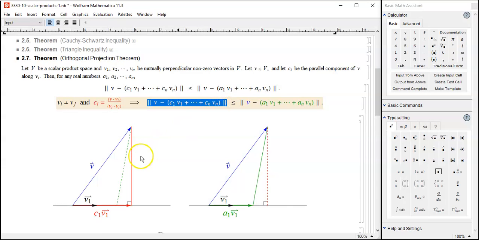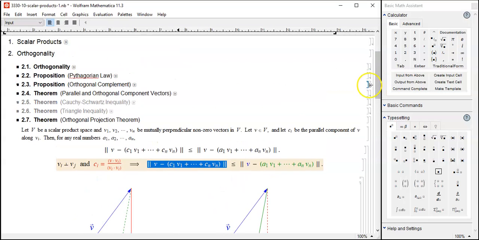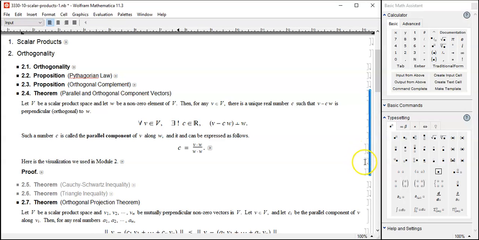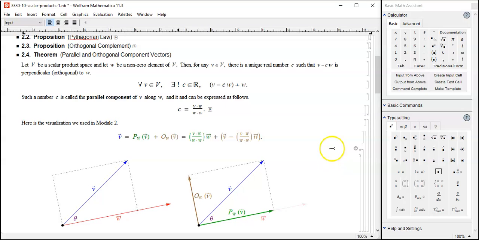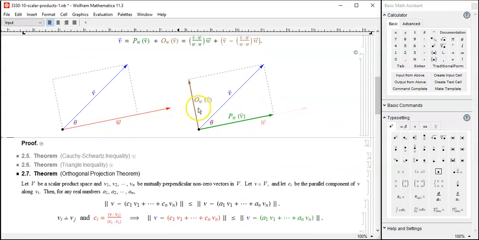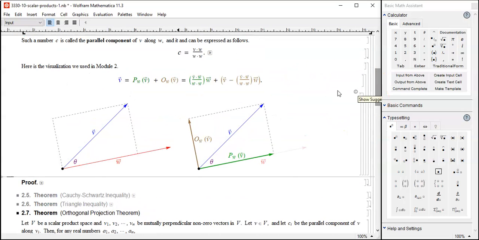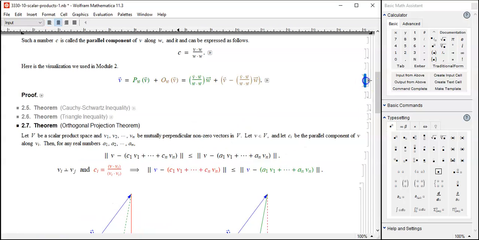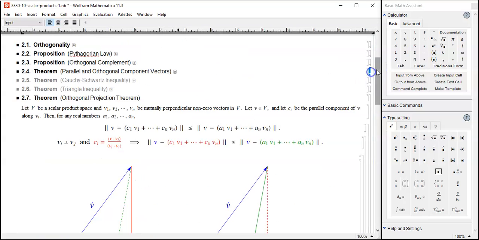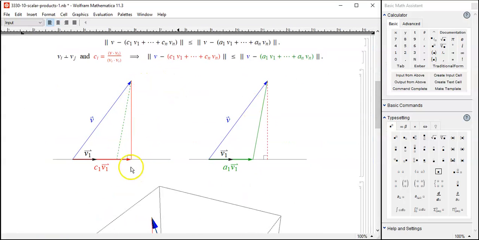Does it make sense? So v minus the parallel component, that's this brown vector. That's the orthogonal component vector, and that's this vertical here.